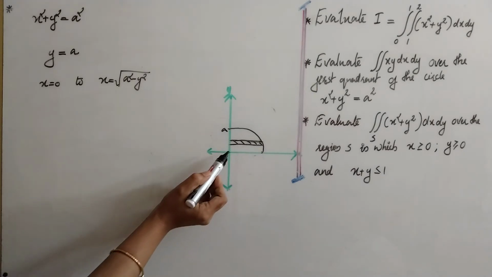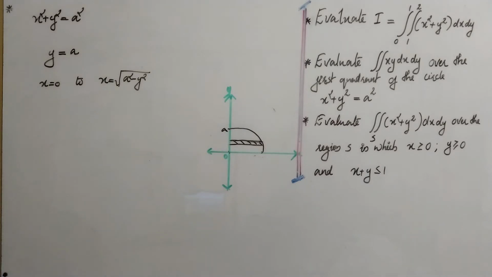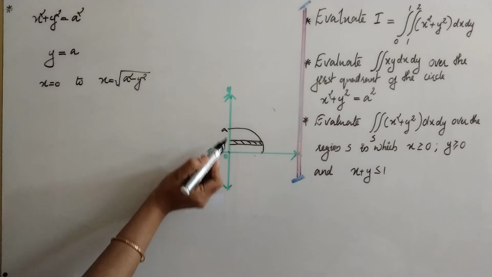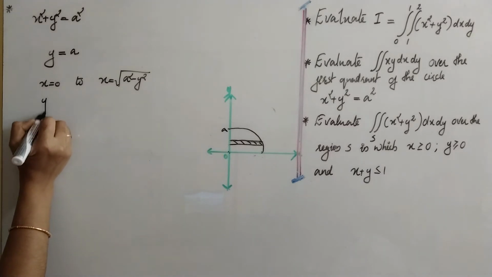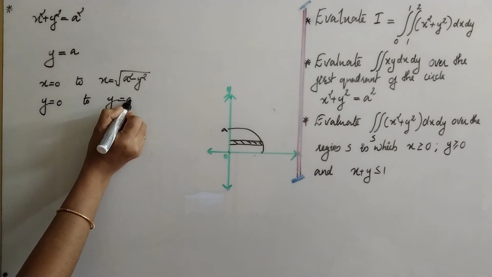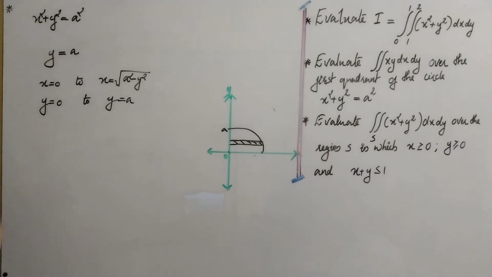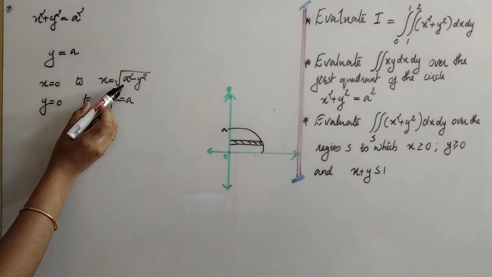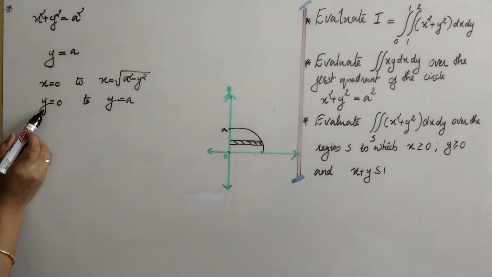To cover the entire region, each strip moves from y equal to 0 to y equal to a. So the limits of integration are x equal to 0 to x equal to root of a square minus y square, and y equal to 0 to y equal to a.